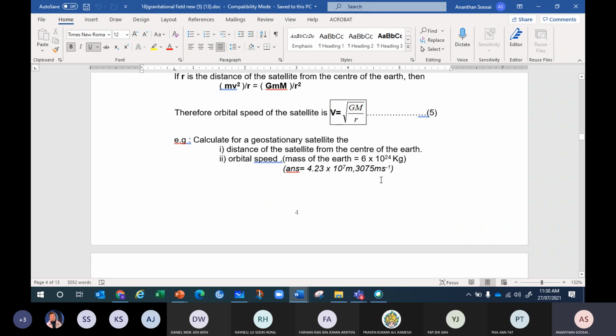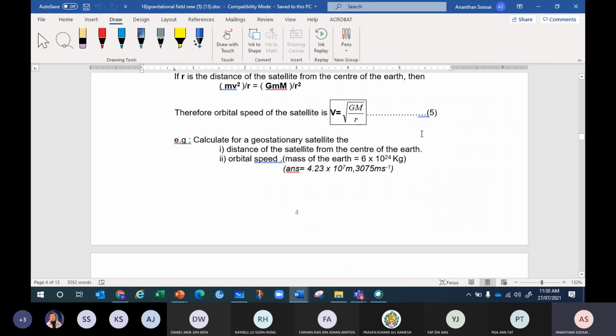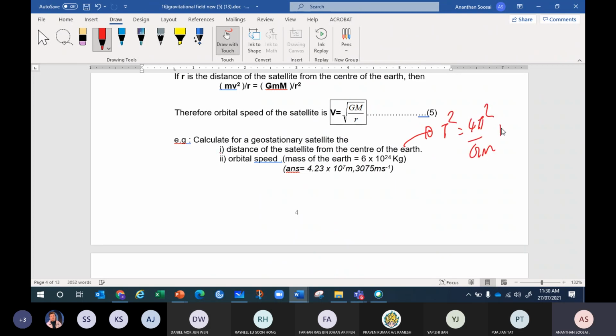Okay, so how are you going to work this out? What is the distance from the center of the Earth at which a geostationary satellite needs to be launched? So what formula do you use? T squared equals 4 pi squared over GM, times r cubed. You're looking for r.